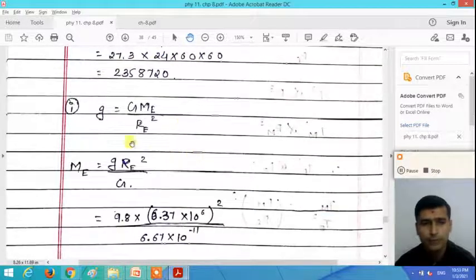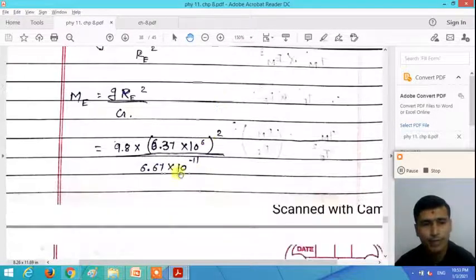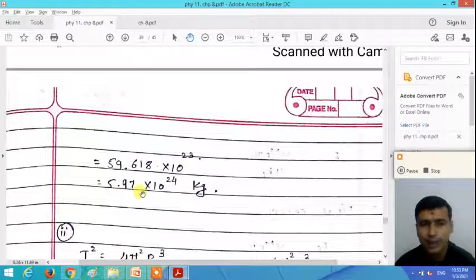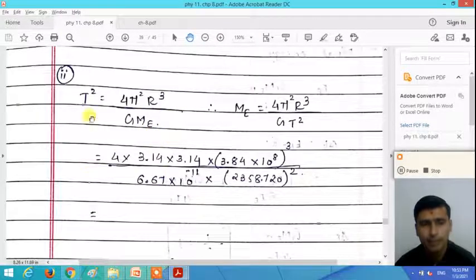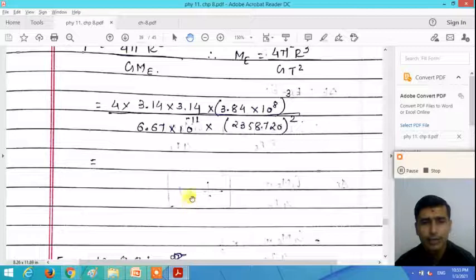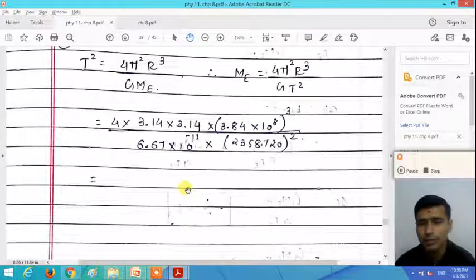From the first, small g is equal to G ME divided by Re square, we calculate the mass of the Earth as 5.97 into 10 raised to 24 kg. And from the formula of the periodic time of the satellite, capital T square equal to 4 pi square R cube divided by G ME, you can calculate the mass of the Earth. So the average mass of the Earth is about 6 into 10 raised to 24 kg.